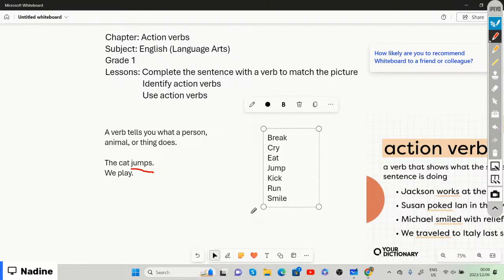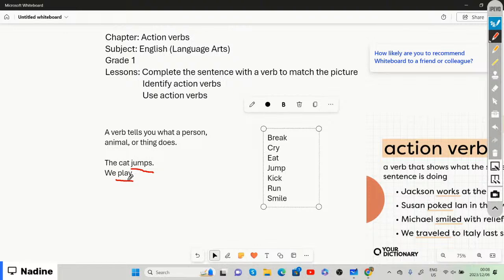We play. It's the same as asking, what are we doing? So we play, and play is our verb.